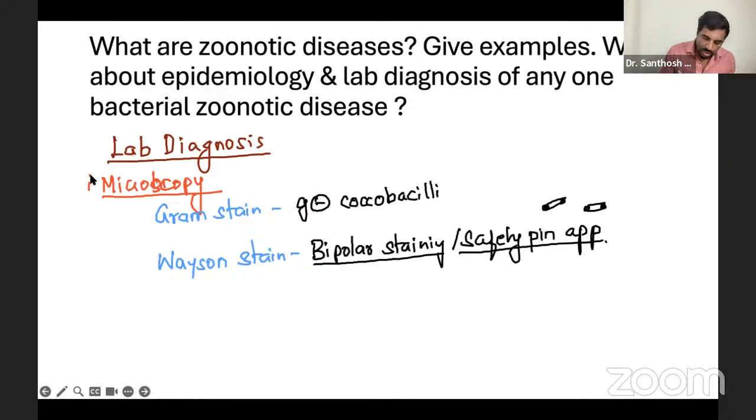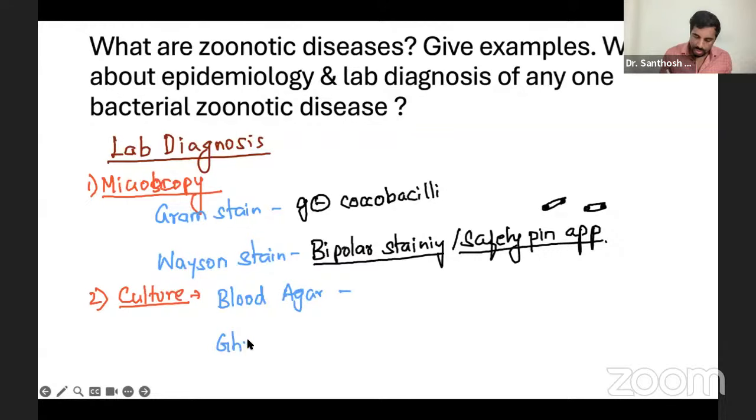Now, second one is your culture. In culture, you can grow it in normal blood agar, or a special medium is ghee broth. You grow it in ghee broth. Some special things you can see.